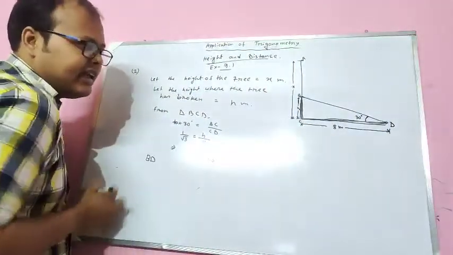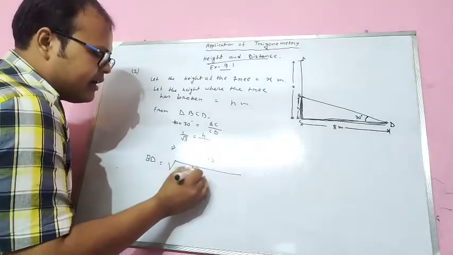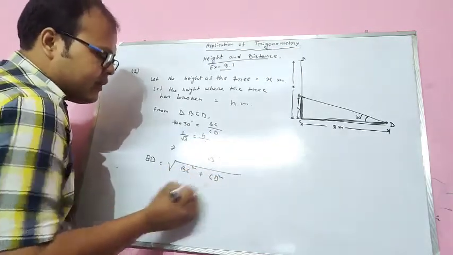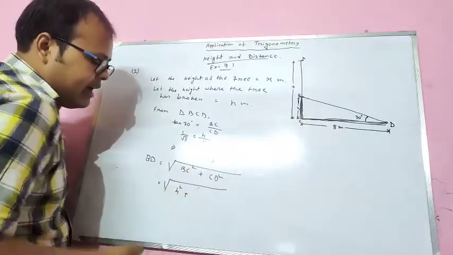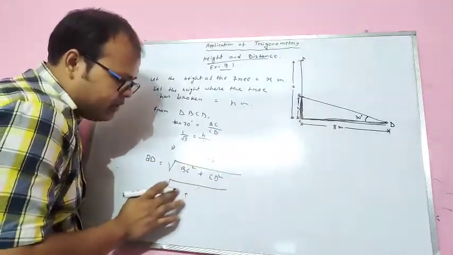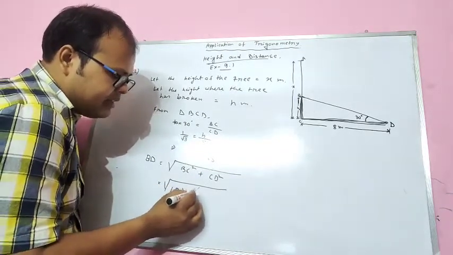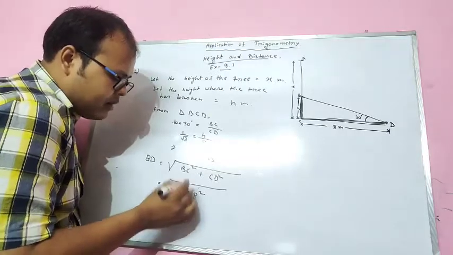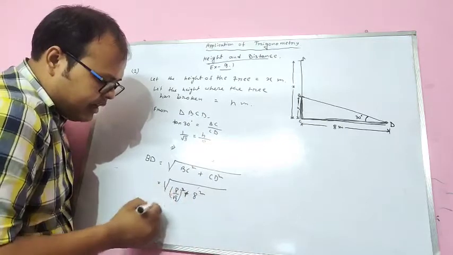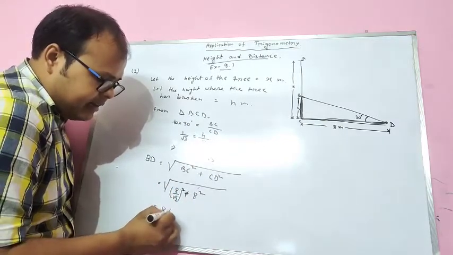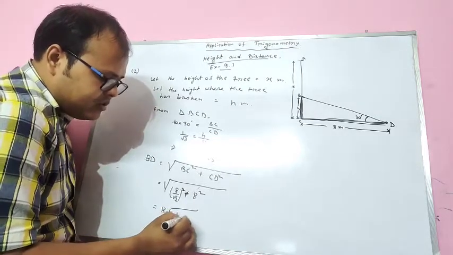BD equals root over BC square plus CD square, which is root over h square plus 8 square, putting the value of h: (8 by root 3) whole square plus 8 square. We take 8 square common and outside, and what remains is 1 by 3 plus 1.